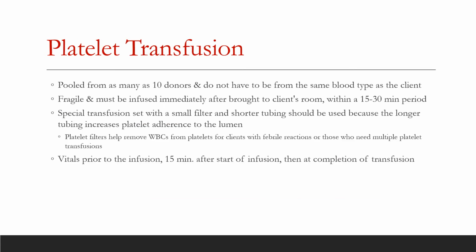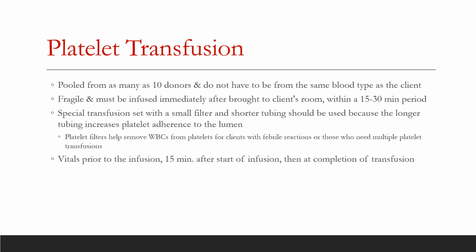Platelet transfusion. Platelets can be pulled from as many as 10 donors all into one bag. They don't have to be from the same blood type, so this ABO compatibility does not matter for platelets. But they are fragile and must be infused immediately after being brought into the client's room, so then we have that short time period, 15 to 30 minutes.